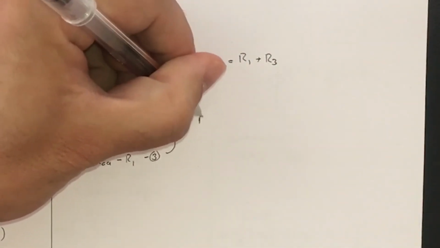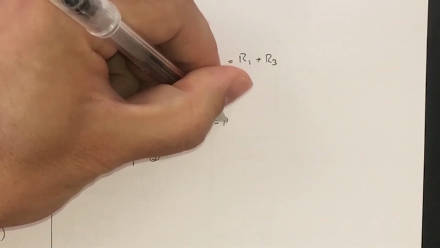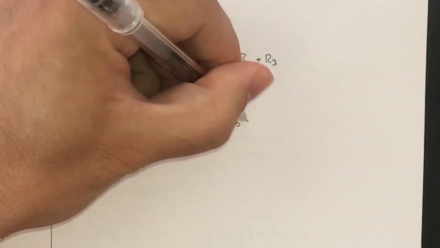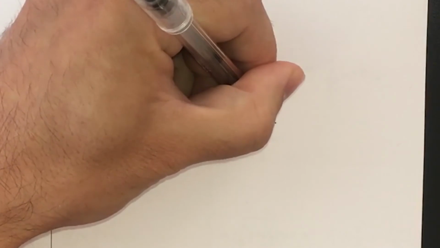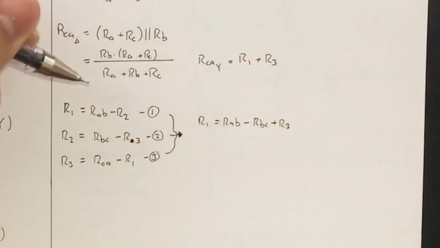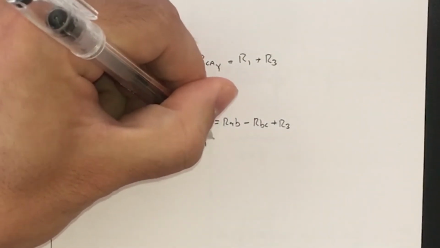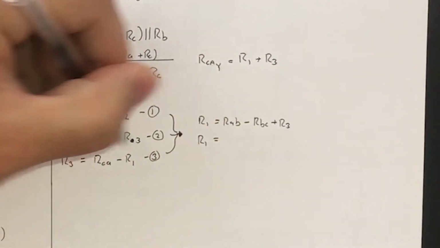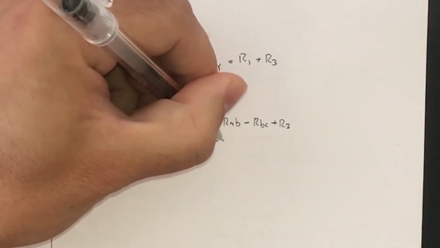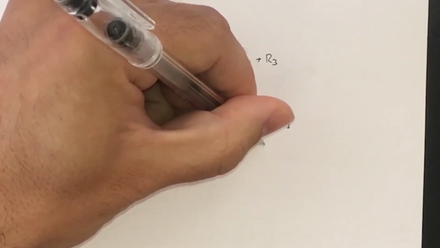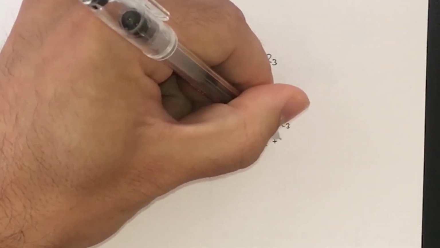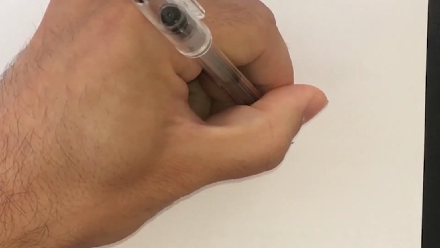So we have R1 is equal to RAB minus RBC plus R3. Then we have, subbing the third equation in, R1 is RAB minus RBC plus RCA minus R1.